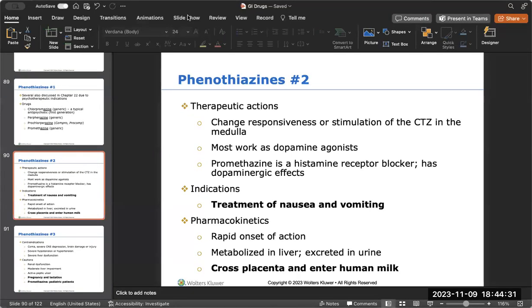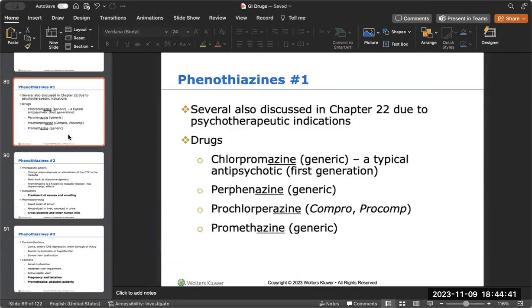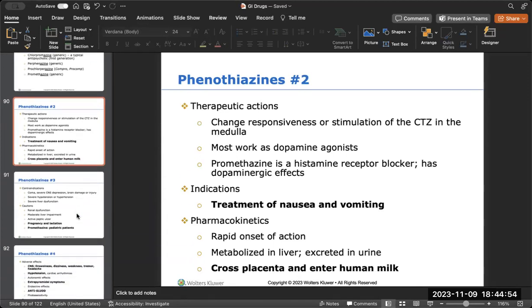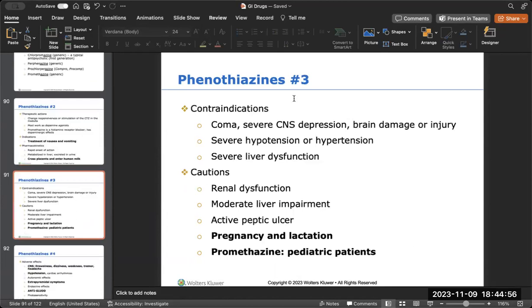But promethazine is also a histamine receptor blocker while having dopamine effects. The goal, even if you can't remember all that, is to just know these drugs that end in azine are used to treat and prevent nausea and vomiting, okay? They're antiemetics, but they cross the placenta and enter the milk, which means watch out for lactating and pregnant women, okay?